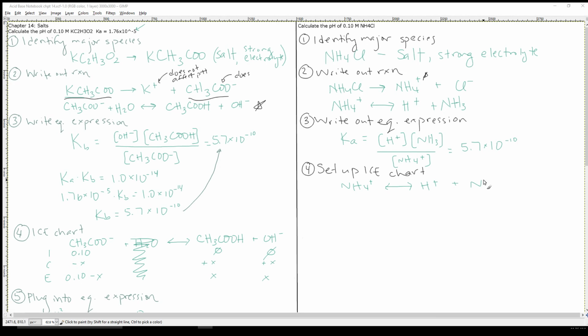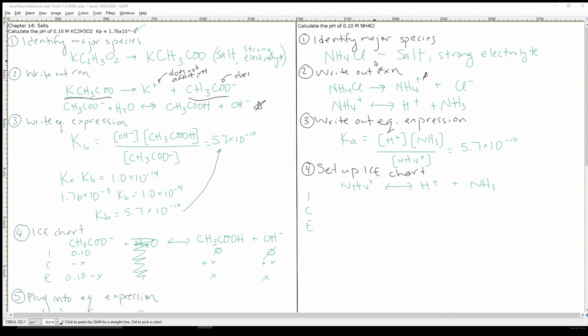You would have had ammonium plus water reacts to form hydronium plus ammonia. That would have been perfectly fine. Nothing wrong with that. I just didn't have to include water because all of my hydrogens and everything was accounted for.